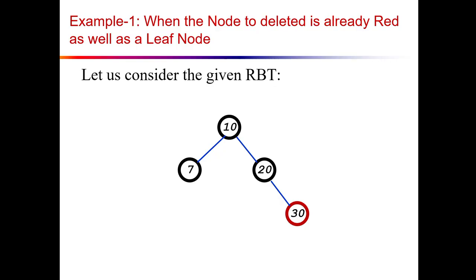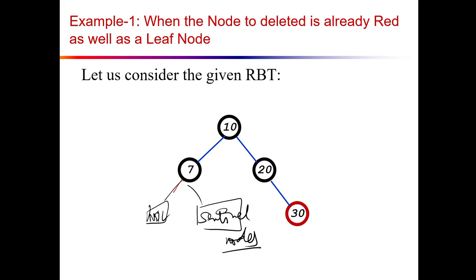And I've not mentioned it, but we definitely know that we have the nil nodes, which we can also call sentinel nodes.